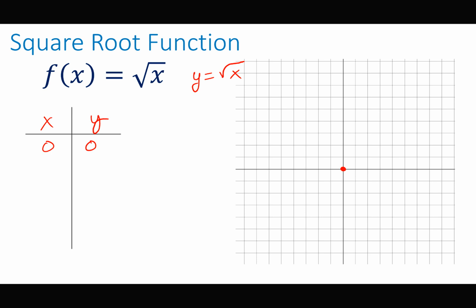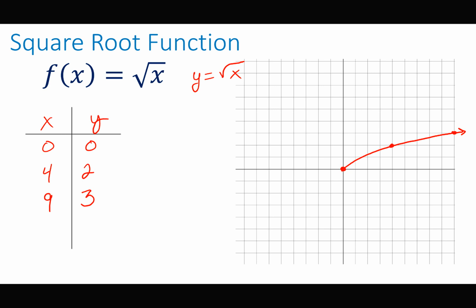I could go, let's just go to an easy one. Let's try 4. Square root of 4 is 2. Do another one, let's go 9. Square root of 9 is 3. So this one takes shape like that.